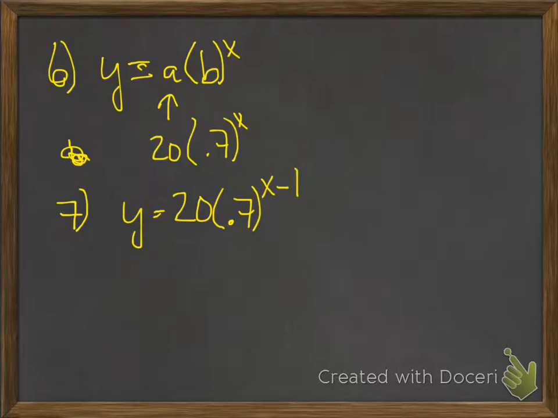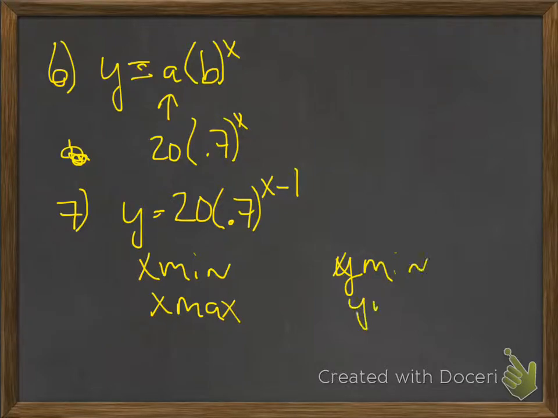Graph that and sketch your graph. Make sure you describe your viewing window: tell me what your x min, x max, y min, y max were, and how that fit. Go from there.